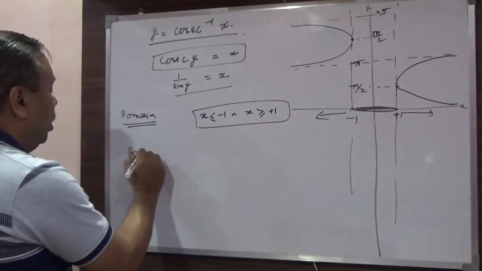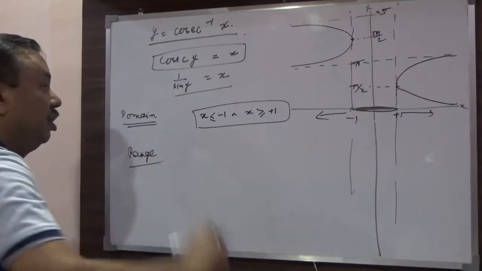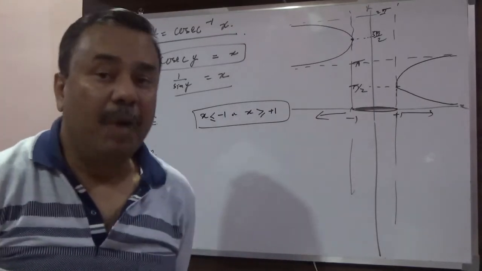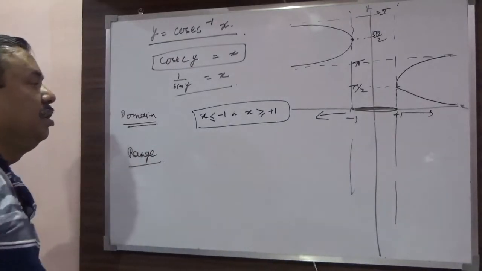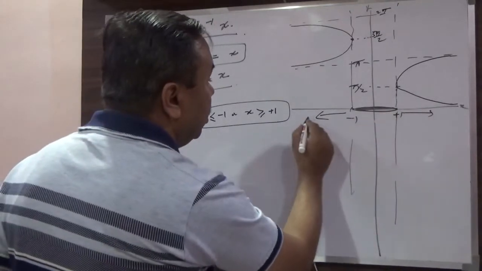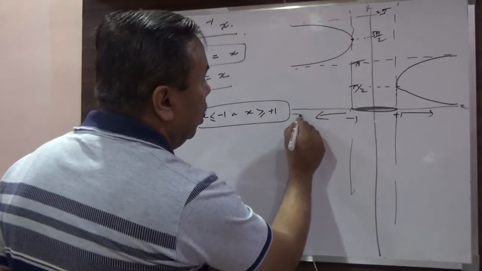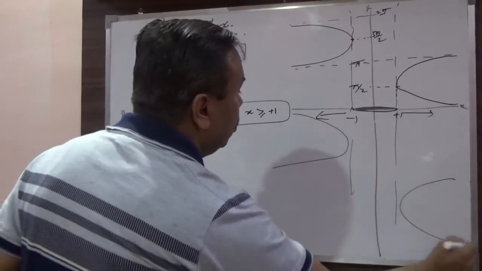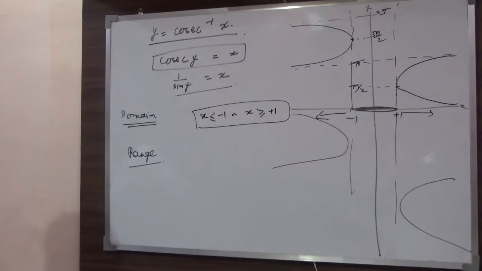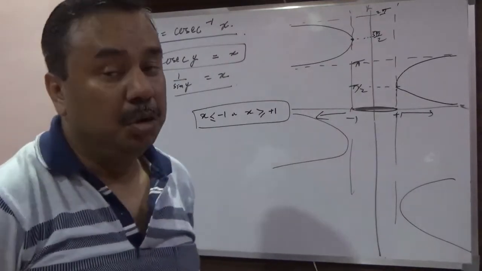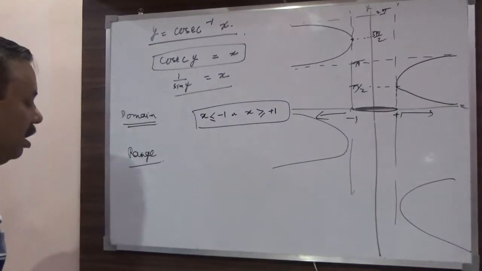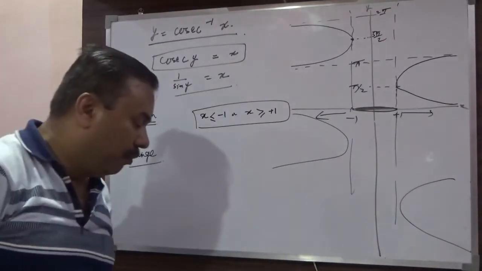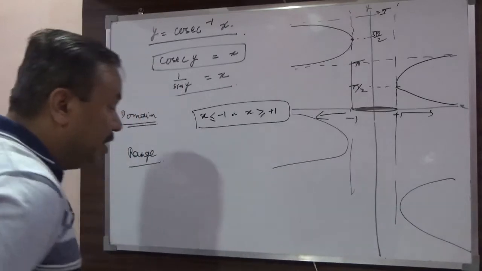Now what will be the range? Range is the value of y. Once again you can see, if this is like that, there is another branch, this will be like that also. So for one particular value you have got more than one value. So what will be the range?